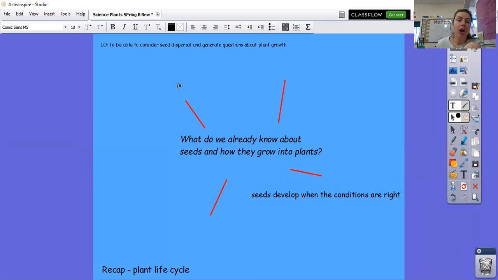We already then know that seed turns into a seedling once it starts sprouting in all the right conditions, and so on and so on. So have a little chat with your grown-up or whoever is working with you today and see what you both already know about the seeds and how they grow into plants.